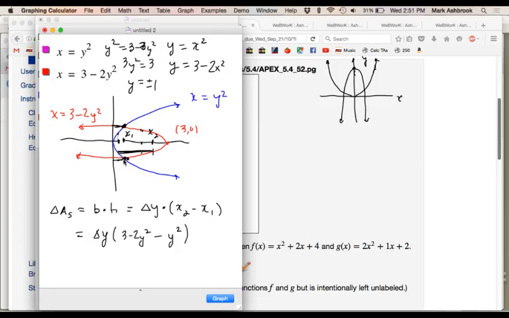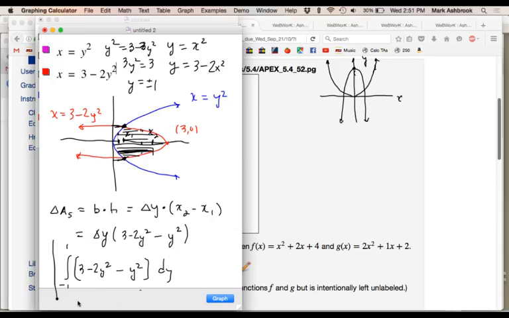So the first typical strip is down here at y equals negative 1, and then we're going to add them all up this way, horizontally, and the last typical strip is at 1. So it would be the integral from negative 1 to 1 of 3 minus 2y squared minus y squared dy.